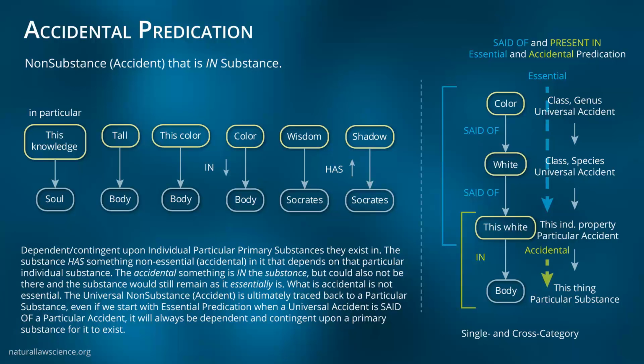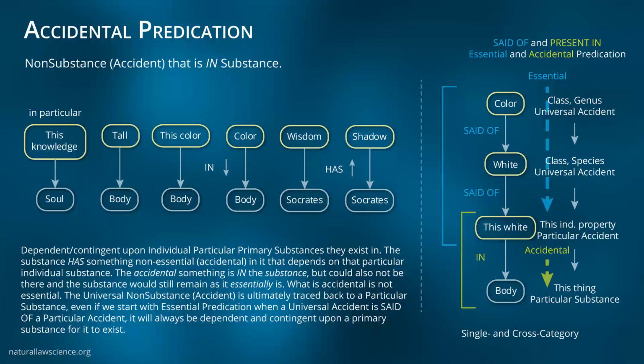Now when you tie the accidents, they always go back to a substance. So that's where this body is. And then when you go from the accident to a substance, that's cross category, so that's accidental predication. So the first three parts were essential predication, but the last two is accidental predication.